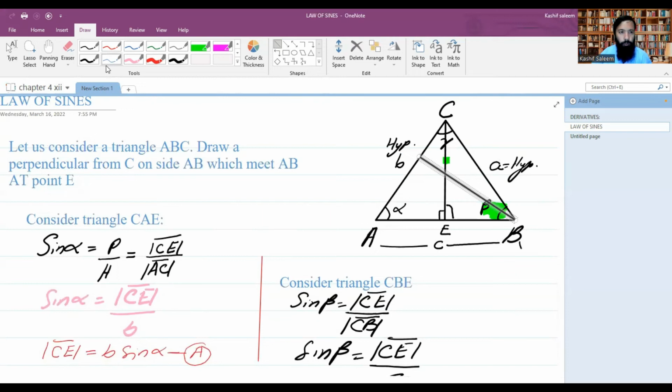Now there are two triangles also. One triangle is CBD, where this is point D, and the other one is BAD.